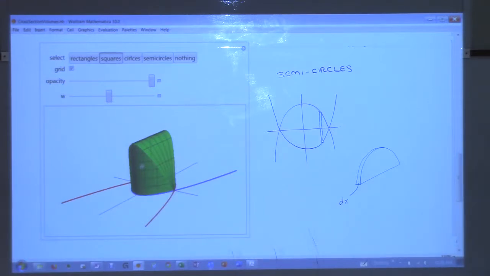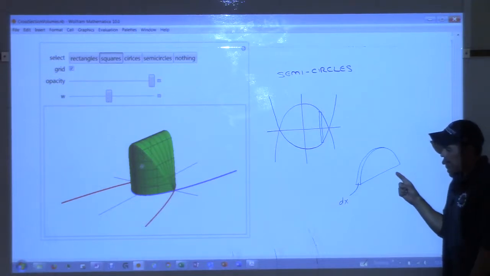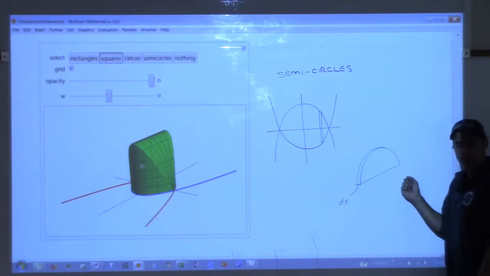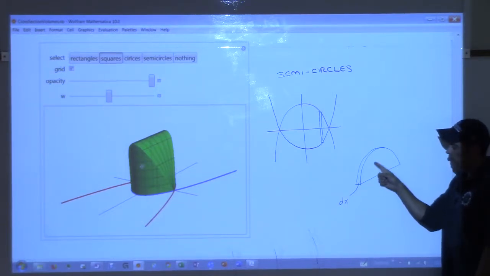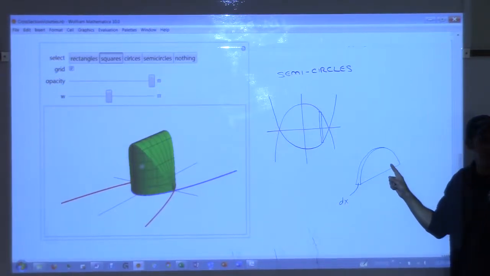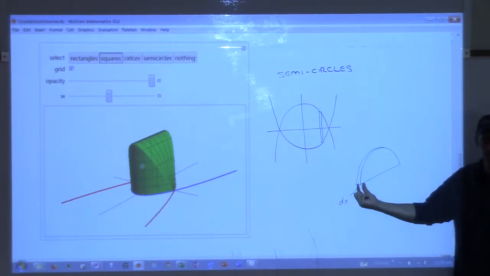But to find the volume, what am I going to need on this thing now? I know how wide it is. Yeah, I need to know the area of that half circle, don't I? If I know the area of this semicircle, multiplying it times the width would give us the volume.